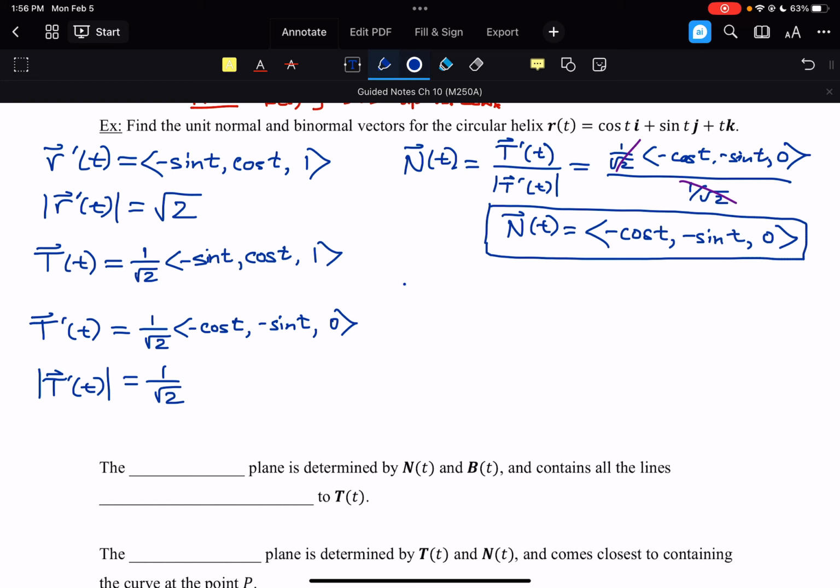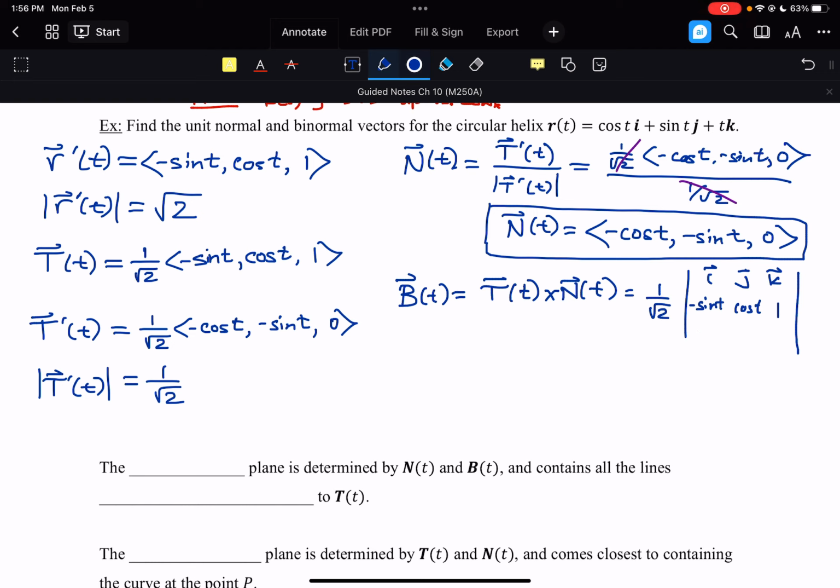And then the binormal, so that's T crossed with N. You can actually pull the 1 over root 2 out of the middle row to make the calculation easier, because we get negative sine, cosine, and 1, negative cosine, negative sine, and 0.